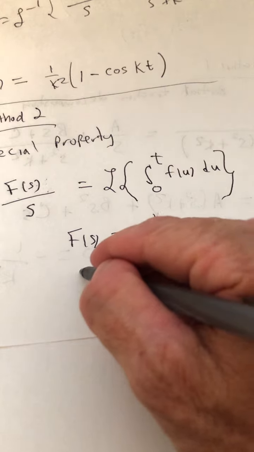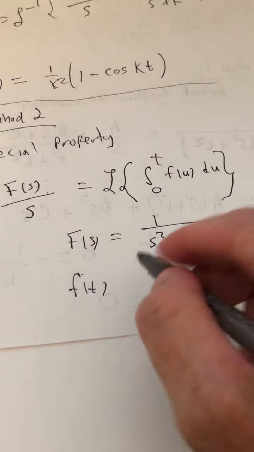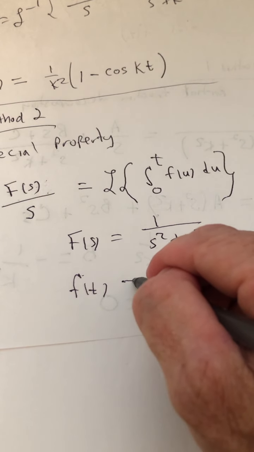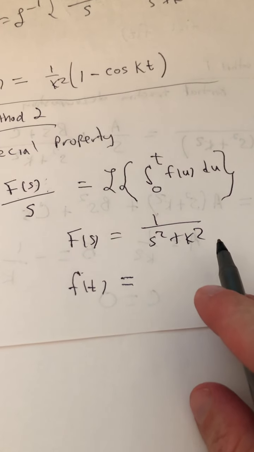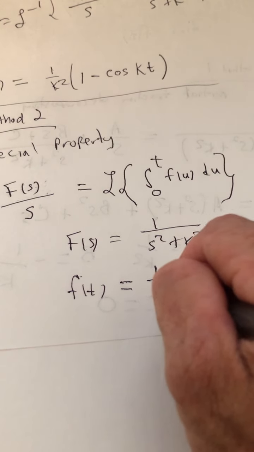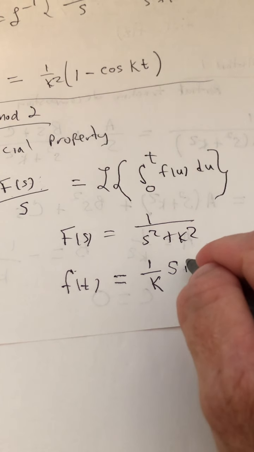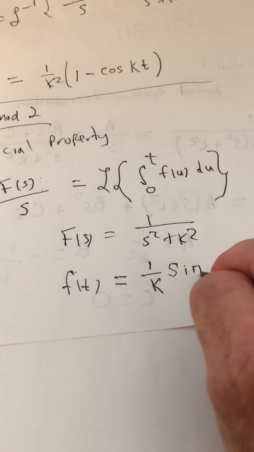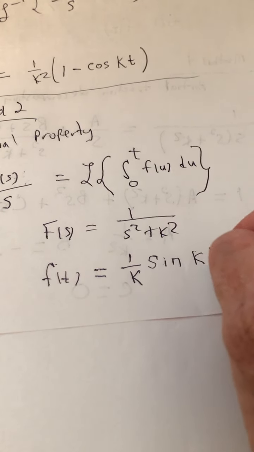So f of t, as you know, would have to be 1 over k times sine of kt.